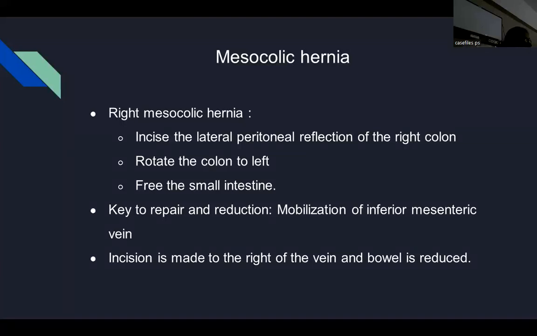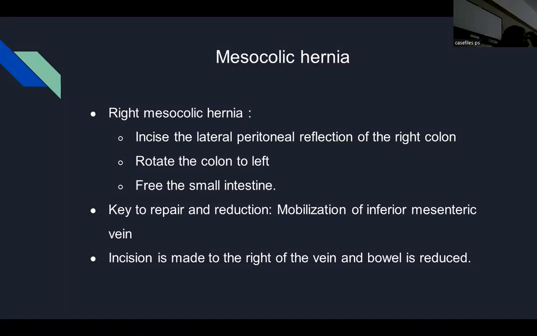For the right side, we have to release the lateral peritoneal reflection and rotate the colon. On the right side, the malrotation will be there, and the herniation of the bowel sac will be lateral to the colon.